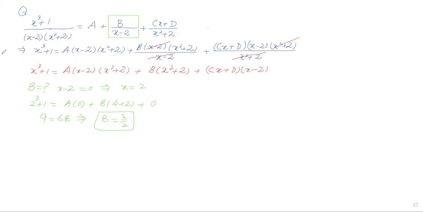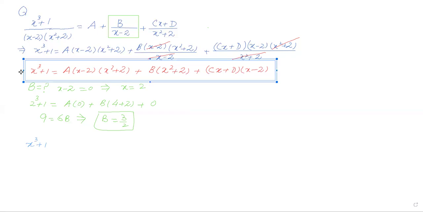So I am using the expansion of the bracket with the blue marker. On the left-hand side, I have x cubed plus 1. That rectangle is very important. So I'm using this rectangle and the equation under it so that I will remove all the brackets.